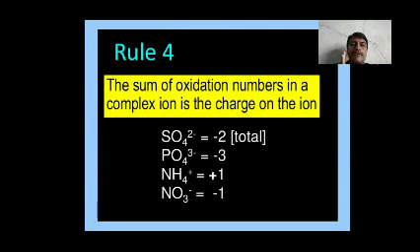NH4 plus: 1 nitrogen plus 4 hydrogens is equal to plus 1. NO3 minus: 1 nitrogen plus 3 oxygens is equal to minus 1.